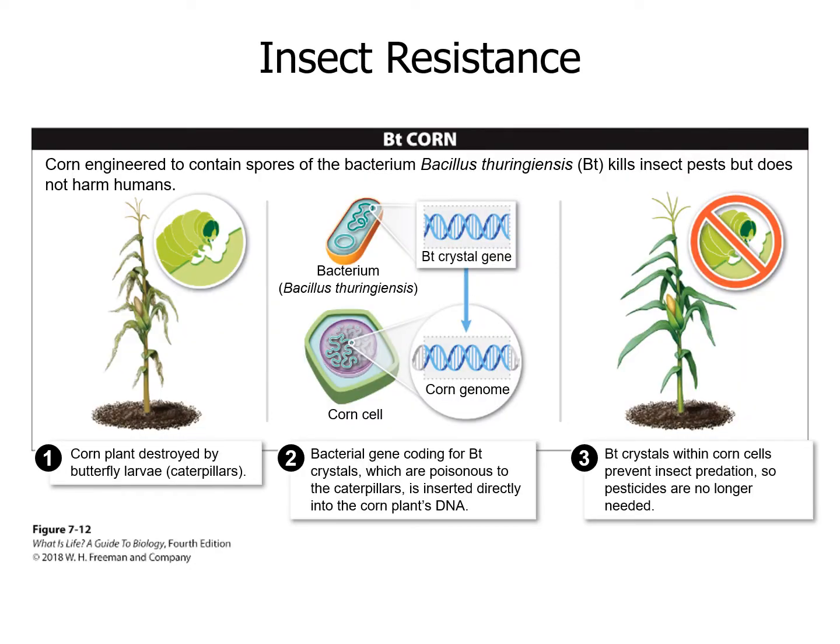So this bacteria, Bacillus thuringiensis, we'll just call it BT, produced crystals that were basically just natural pesticides, which is so cool.